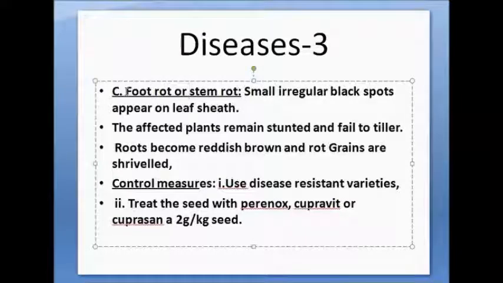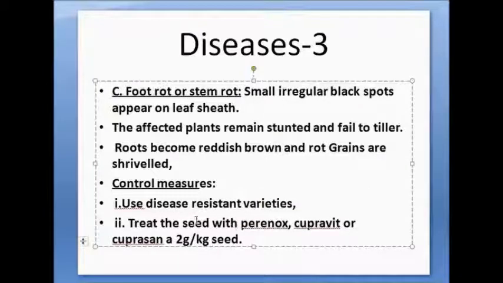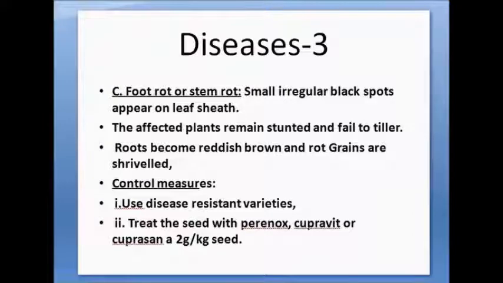Foot rot means only the bottom of the plant is rotten, but the other things are the same. So here the plant remains stunted, no growth, no grain formation, 100% loss. So what is the control? We have to use resistant varieties. Again the same, organomercurial treatment at 2 gram per kg of seed can be given.